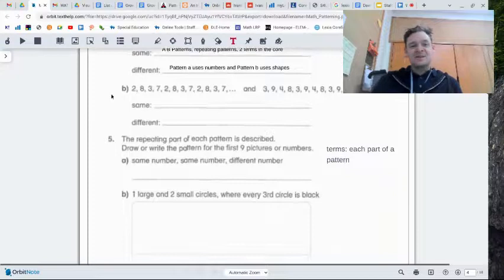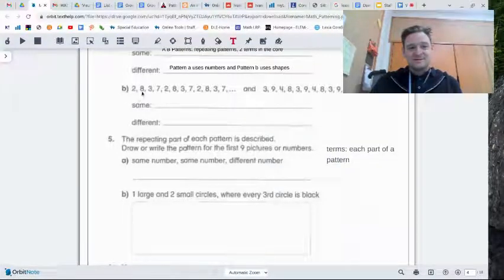This next one's interesting. You got 2 number patterns, 2837, 2837, 2837, and 3948, 3948, 3948. So I see a couple similarities here. There are a couple differences as well.